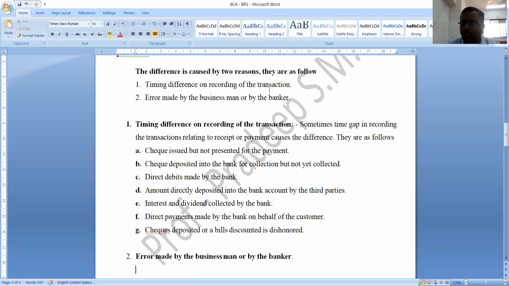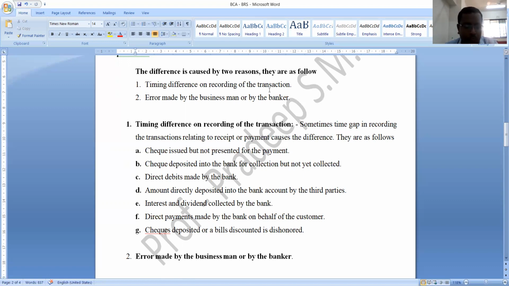You are a businessman, you have issued a check, immediately you record that particular transaction in cash book, but that particular check is not yet presented for payment, so the banker has not recorded that transaction in the passbook. It causes the difference between cash book balance and passbook balance. Understood? Check issued, immediately we record the transaction in cash book but not yet presented for payment, so the banker has not yet recorded the transaction in passbook.